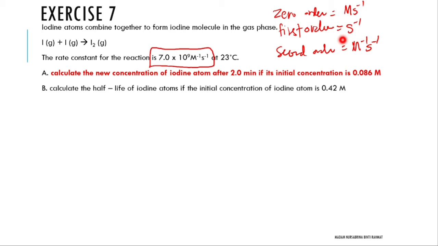Since this is a second order reaction, the integrated rate law formula that we are going to use is 1 over [A]t equals 1 over [A]0 plus kt.